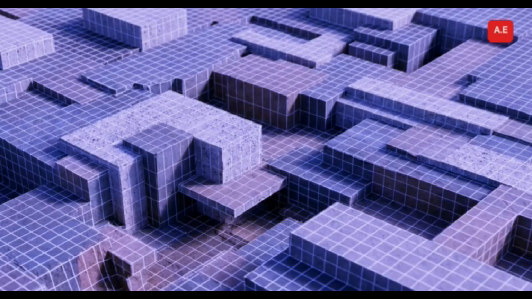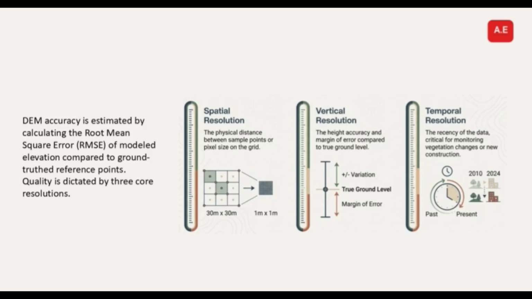The utility of this computable environment is strictly governed by the density and accuracy of its underlying grid. There are three core resolutions. First, spatial resolution, which is the physical distance between sample points, like moving from a 30-meter to a 1-meter grid. Second, vertical resolution, which is the height accuracy compared to true ground level. And third, temporal resolution, which tracks data recency and is critical for monitoring ongoing changes.